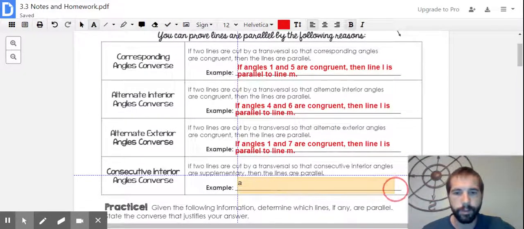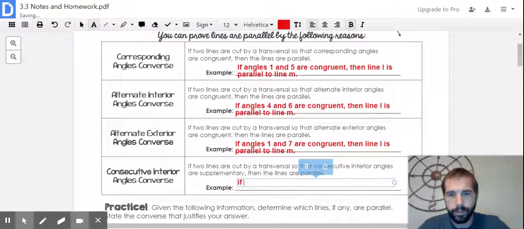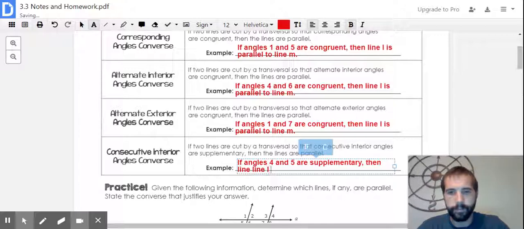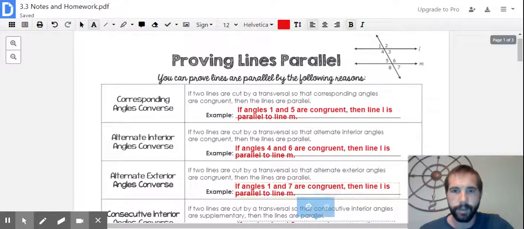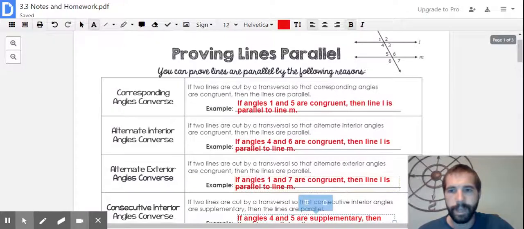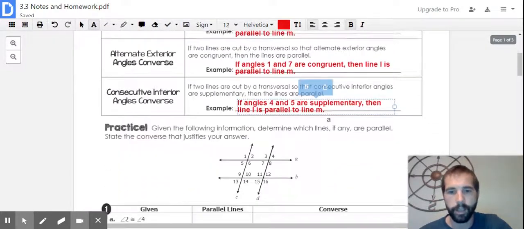So if angles 4 and 5 are supplementary, then line L is parallel to line M. Okay, so those are the converses of the theorems that we've done previously. So instead of figuring out what the measure of the angles are, we're saying if the angles are congruent or supplementary, then the lines are parallel.